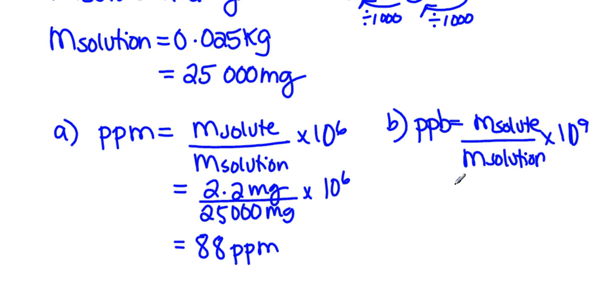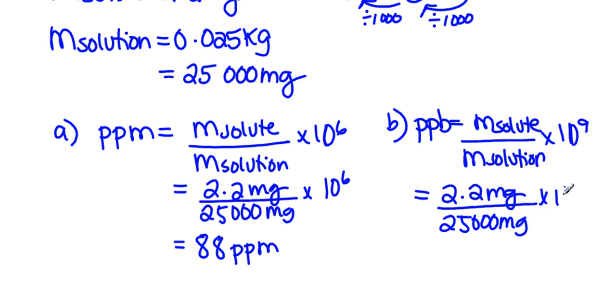This will be 10 to the power of 9. So 2.2 milligrams divided by 25,000 milligrams times 10 to the power of 9. And then here we should get a bigger number than parts per million because the difference between the two should be a factor of 1,000. So here you should get 88,000 parts per billion.